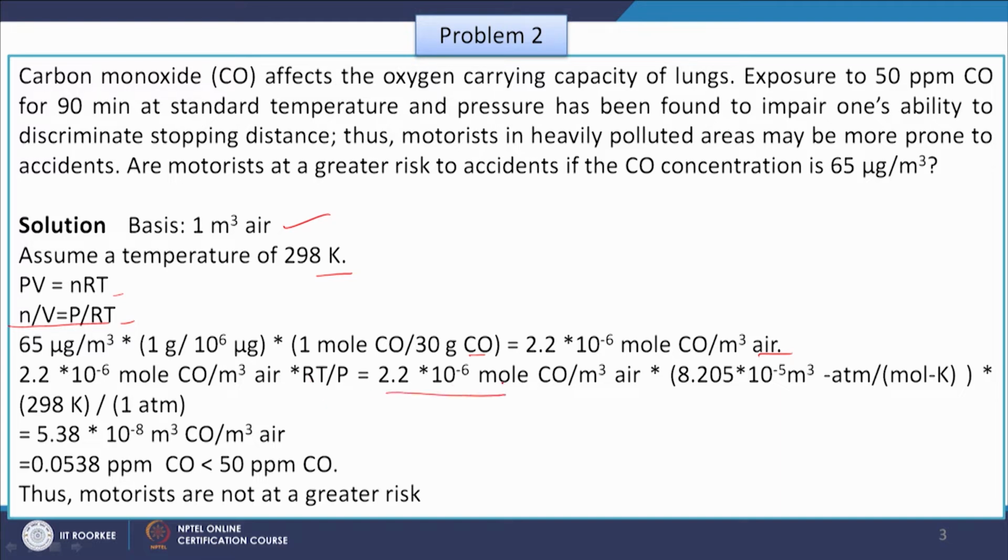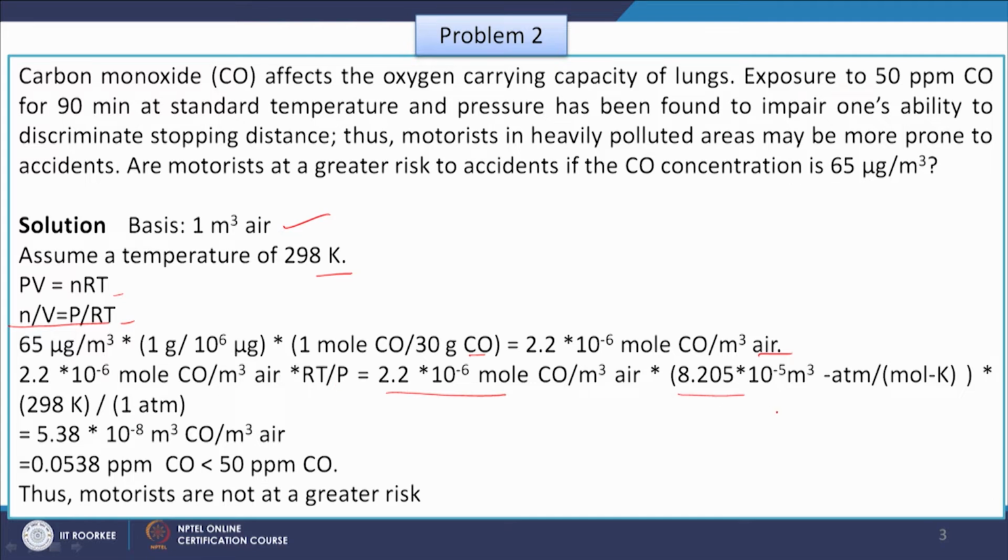This is your R, 8.025 into 10 to the minus 5 meter cube atmosphere per mole per K, and temperature is 298 K and pressure is 1 atmosphere.